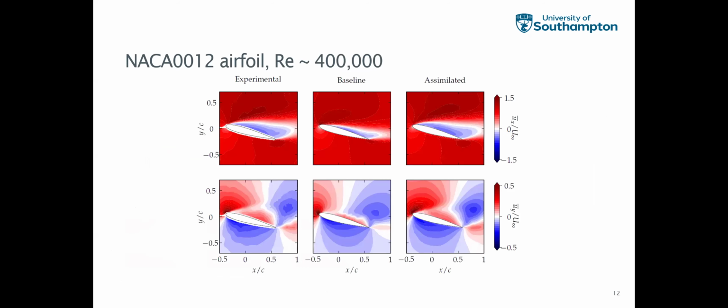So going forward, we looked at the 400,000 Reynolds number case, which of course, I'm just going to show the mean fields. The important thing to keep in mind here is these distortions in the experimental data that you see in the form that can be observed in these contours. This was because of the simultaneous overlap of the two laser sheets, which then had to be filtered and processed, but still it does have the signature of this experimental error or noise, as you would say.